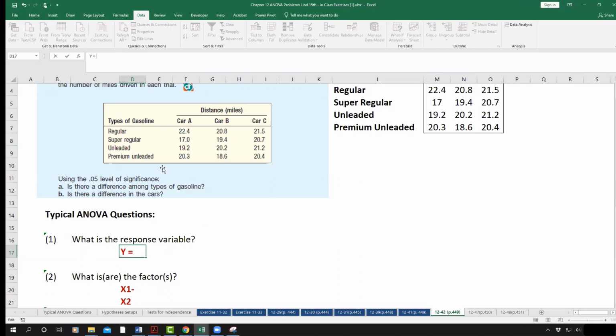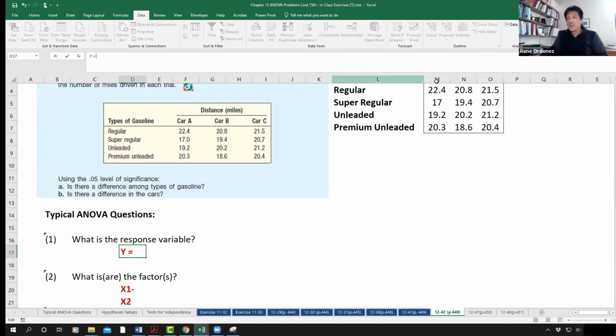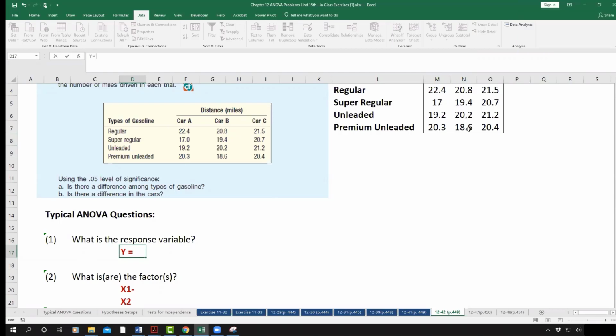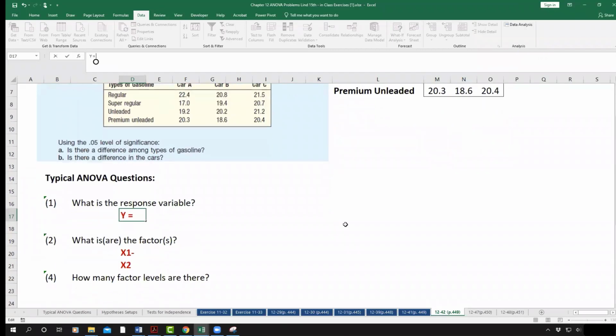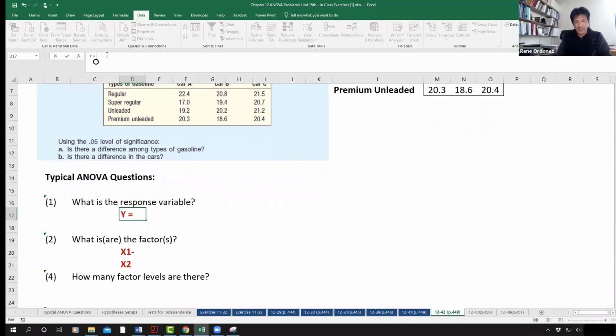This is for number 1, right? Yeah. Okay, what is the response variable? Is it the number of miles driven? Right. Number of miles driven. And then this is quantitative. Good.